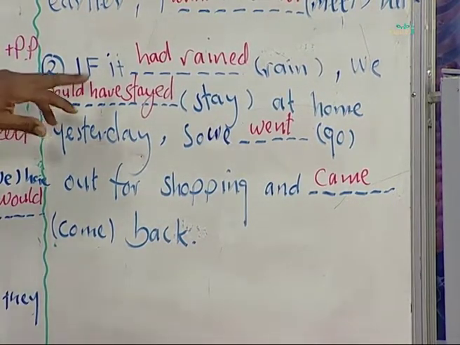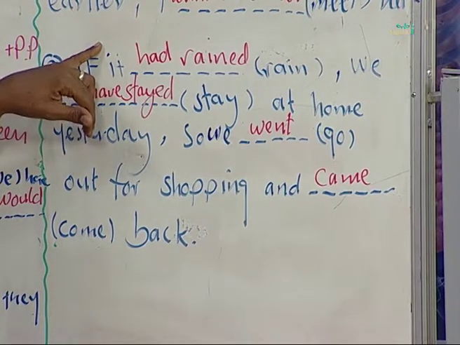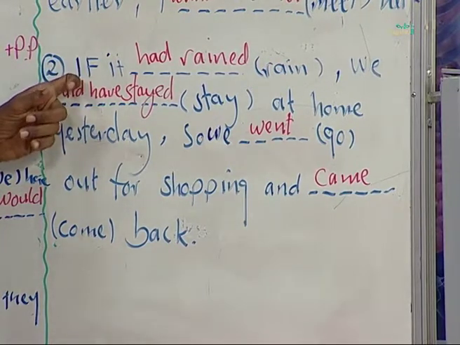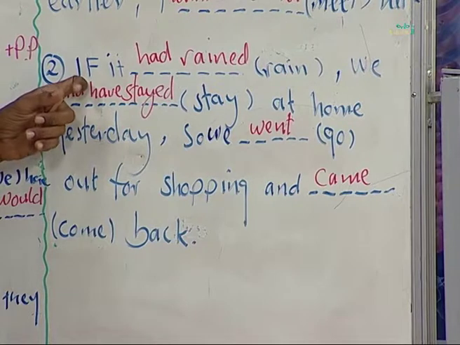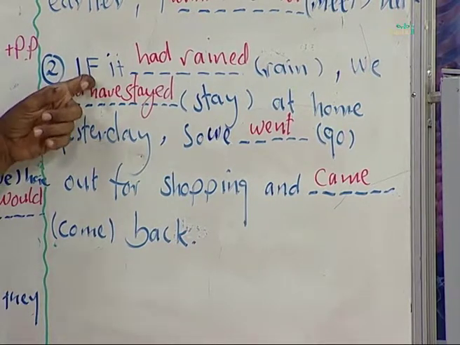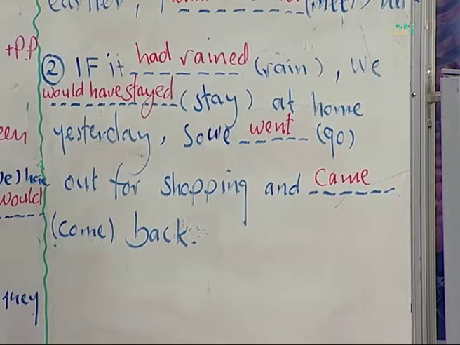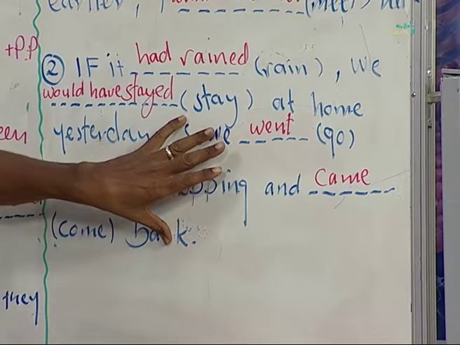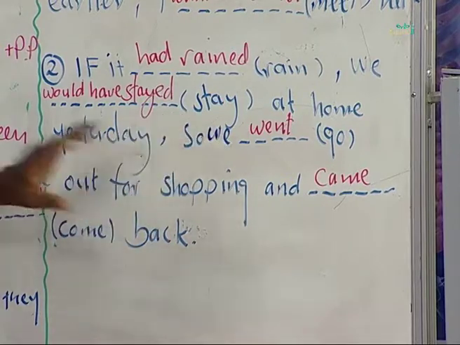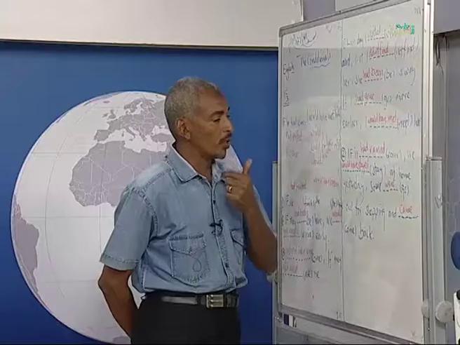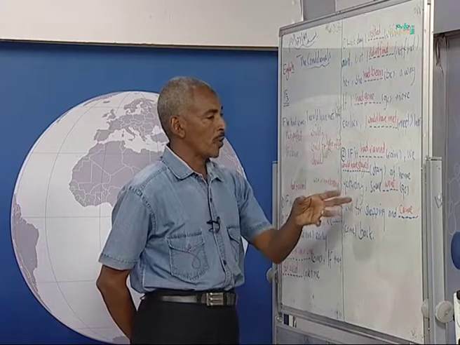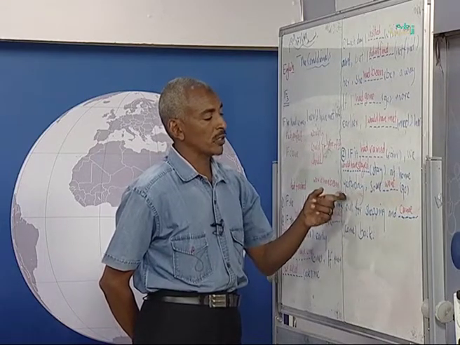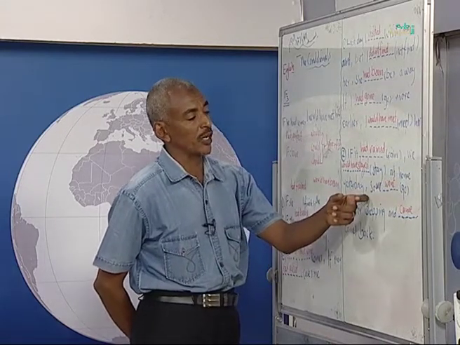As you see in this example, how do I know the conditional is type 3? From the rest of the sentence, you have to remember that these people didn't stay at home.